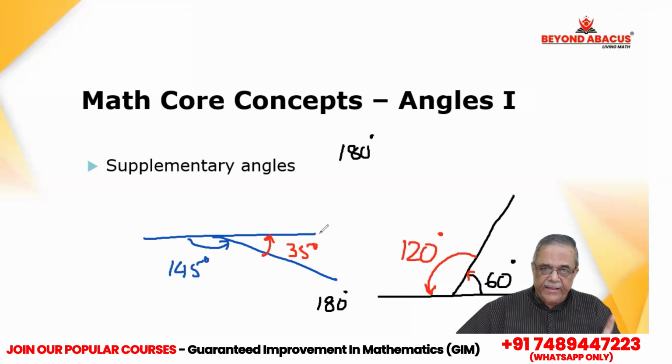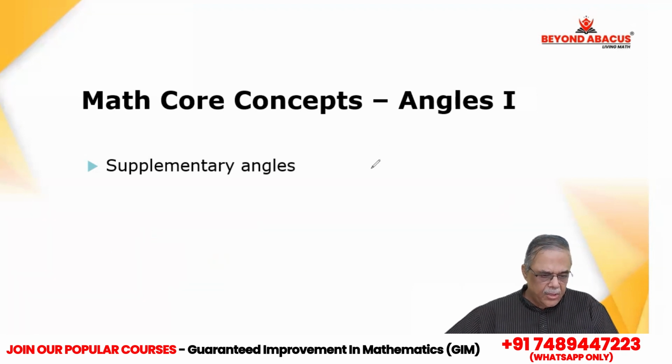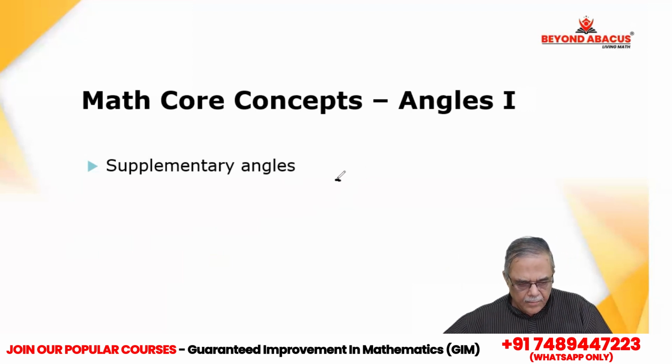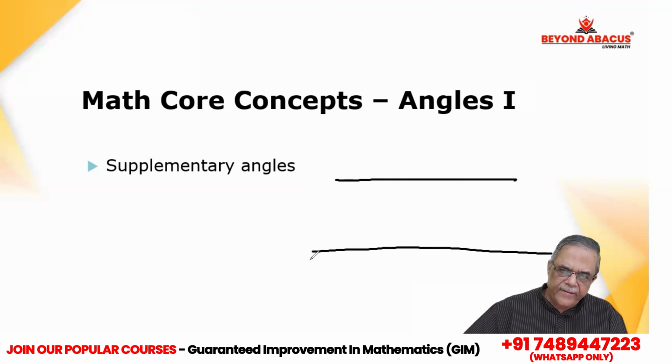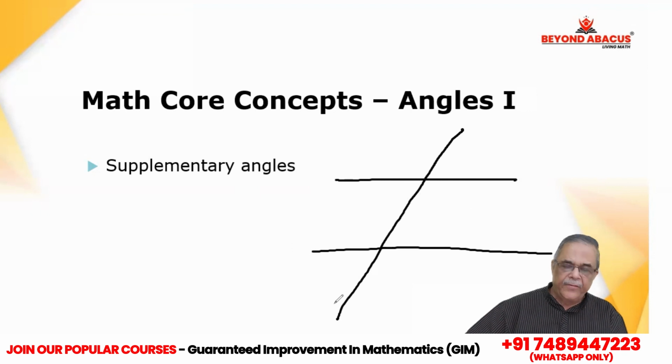However, there are more ways that angles can be supplementary. We'll discuss some of them. Let us see. If two lines are parallel and there is an intersecting line, a transversal, this is called a transversal line, which we have discussed in the chapter on lines.